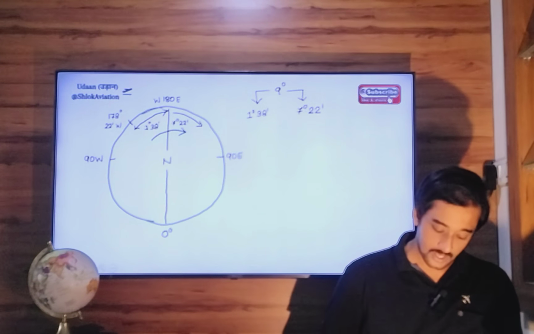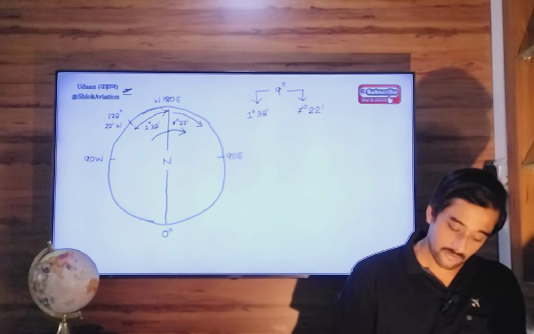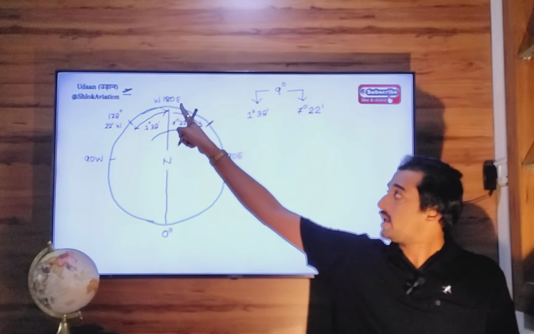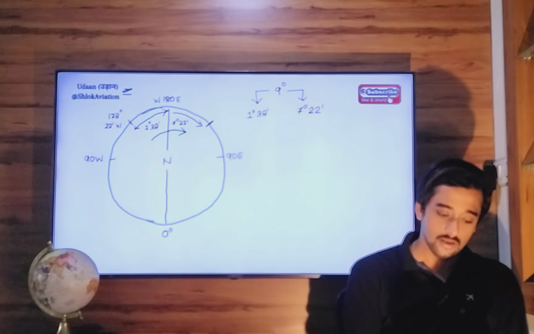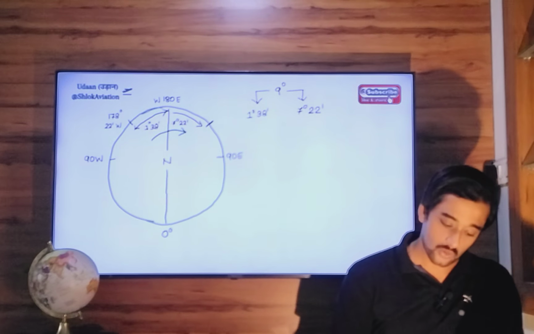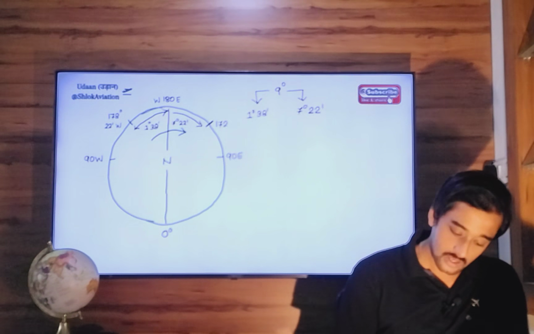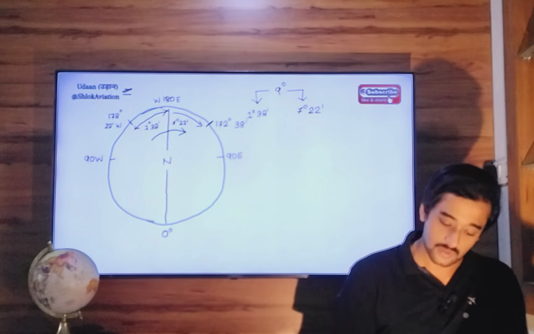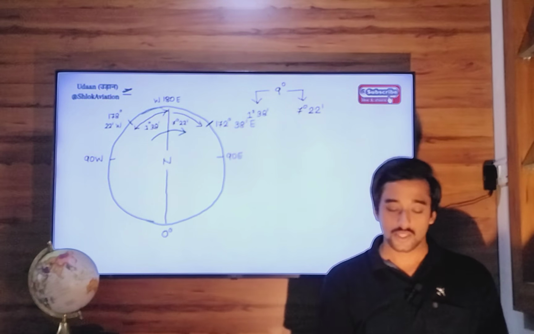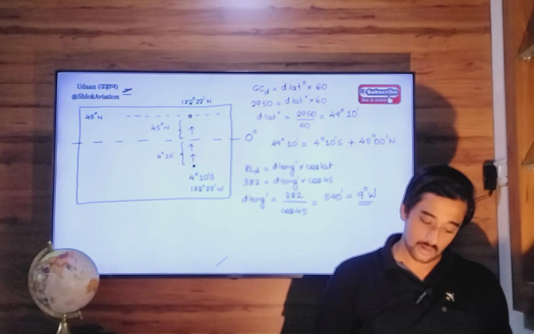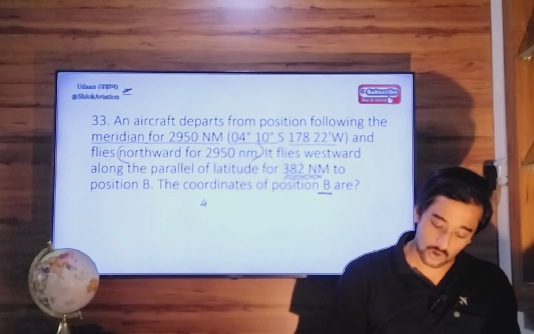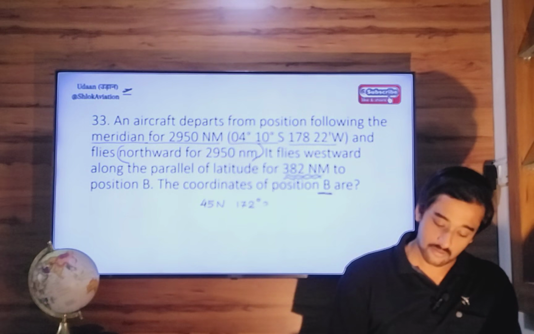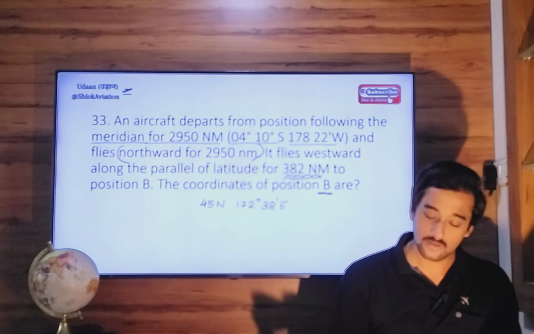So the final position will be 180 degree minus 7 degree 22 minutes. That is equal to 172 degree 38 minutes east. Okay, so our final destination Bravo is what latitude? Latitude 45 north and 172 degree 38 minutes east.